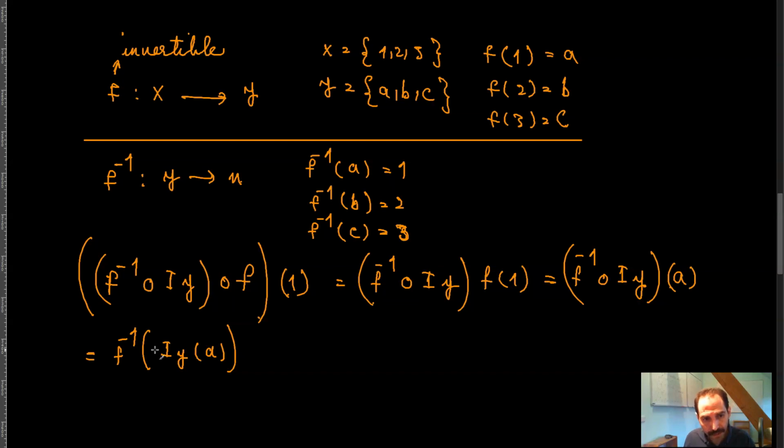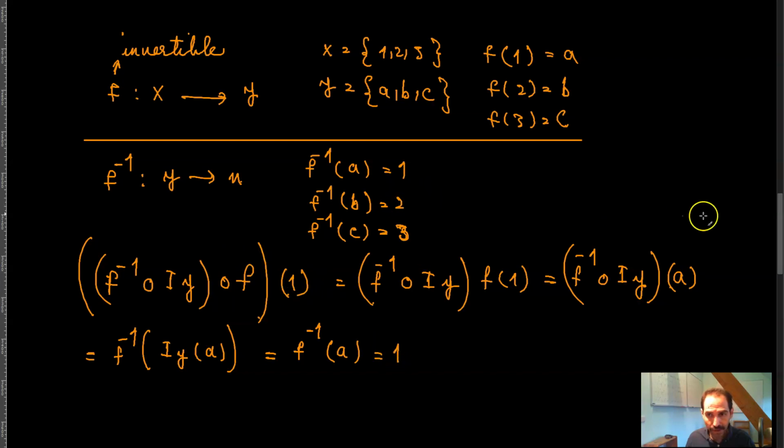So the only thing that we know is that if you input any of the members of the set y into this function, you're going to get the same thing back, which means that if I input a into I of y, I'm going to get a back. So that is going to be f inverse of a, and f inverse of a is equal to 1, right? So as you can see, this whole expression, f inverse composed with I of y composed with f of 1, is giving me 1.